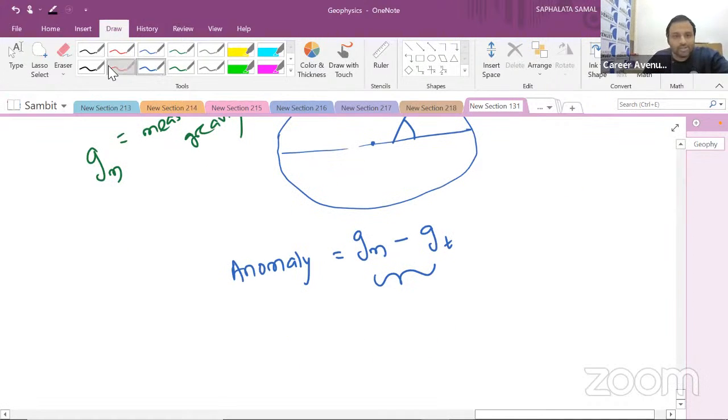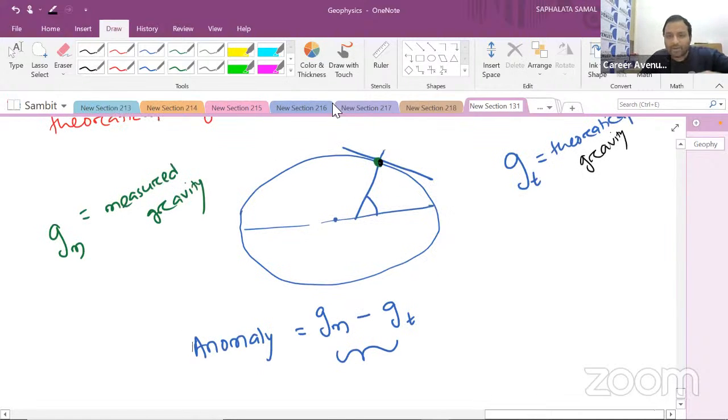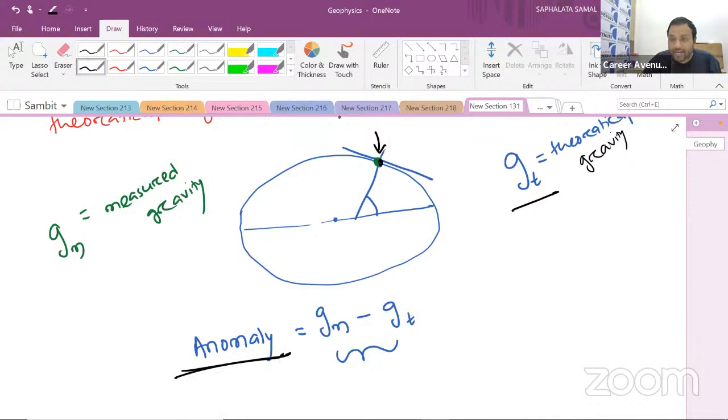So what is the procedure? I take my gravimeter to a particular location over here and measure the gravity data. I will compare it with the theoretical gravity data and see how much difference there is, and I will find the anomaly. And I will find out why this anomaly is found. What is the reason behind this anomaly?